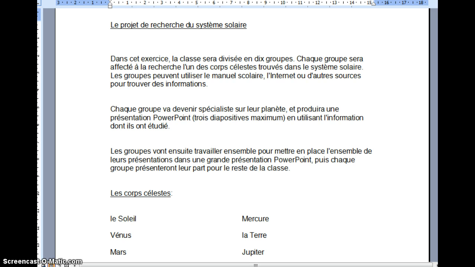Each group will become a specialist on their planet, and they will produce a PowerPoint presentation, 3 slides maximum, using the information they have found. Then the groups will work together to put a larger presentation in place, and the whole group will present that to the class, each smaller group doing their own planet.